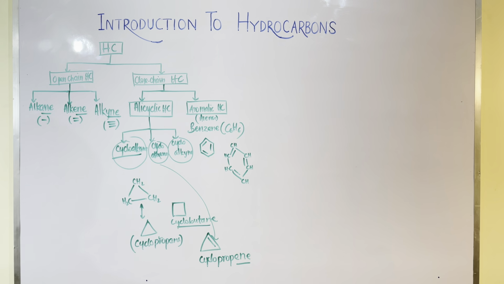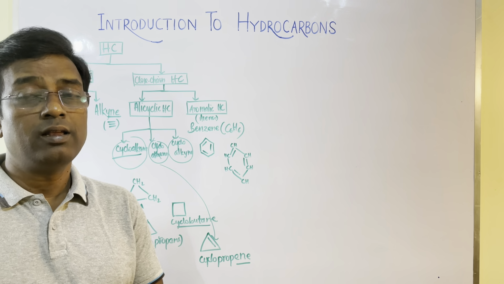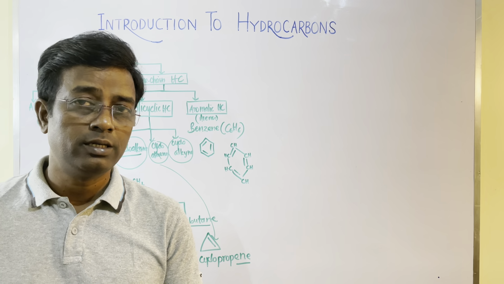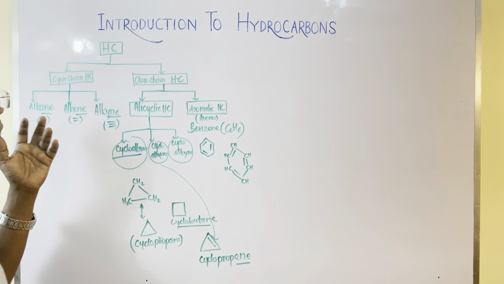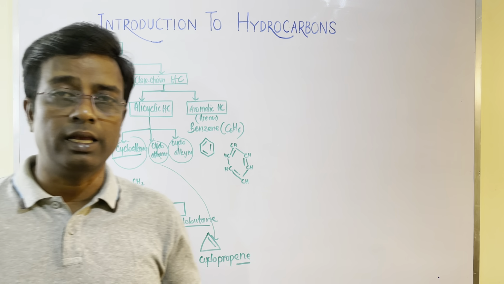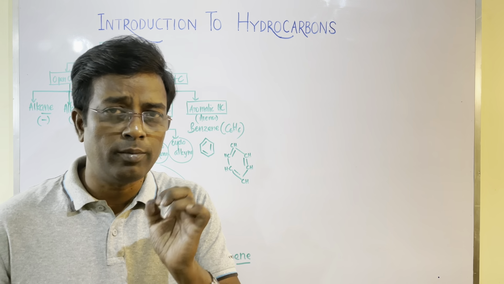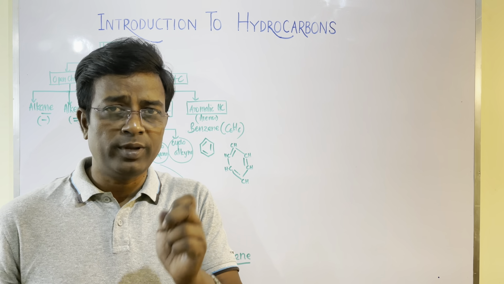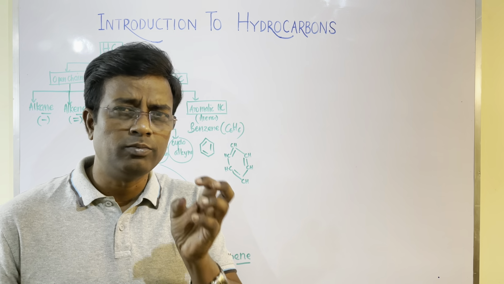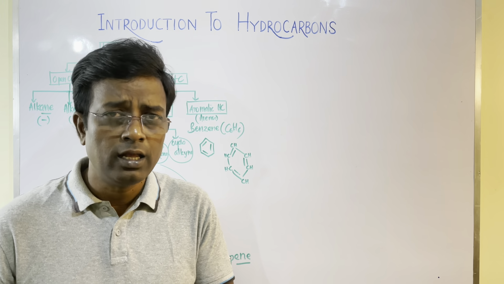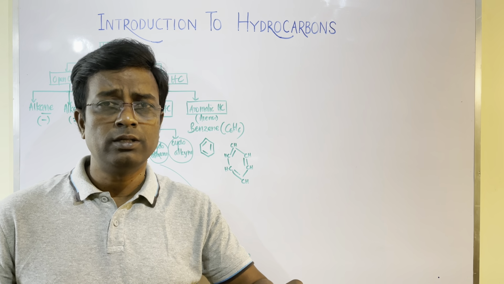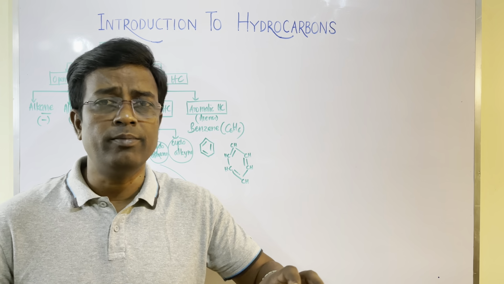Now among alkane, alkene and alkyne we will focus more on alkane, one of the most important open chain hydrocarbons. If we know the nomenclature of alkane, then because the IUPAC system of nomenclature is more or less consistent, if we understand it for a particular compound, the rules remain the same for others.